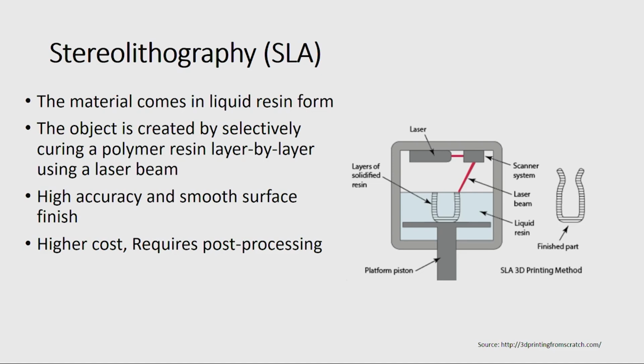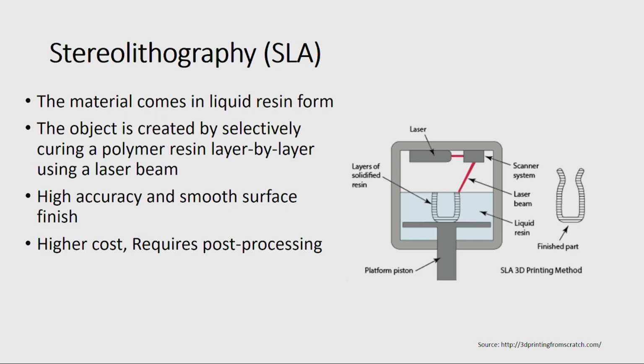Here there is a platform piston. The platform piston will be at the top side when the printing starts. Once the first layer is finished, the piston will move downward, and the next layer will be in progress.